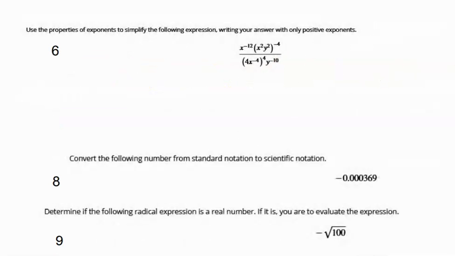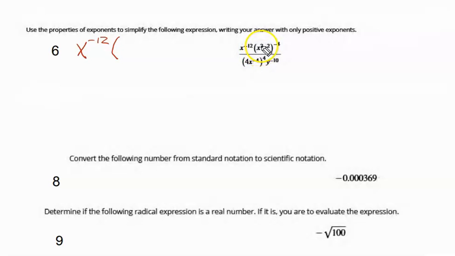Again, pause, try these on your own, or follow along once you finish or right now. All right, I'm going to get rid of the exponents outside of the parentheses here. So let's start. X to the negative 12. And I'll keep my parenthesis anyway for now.